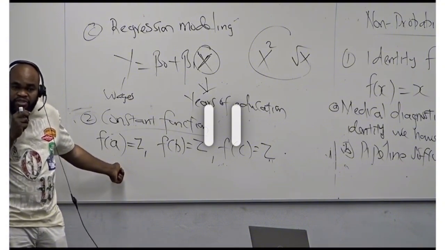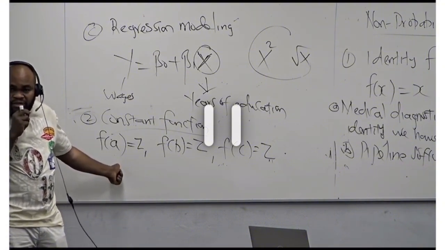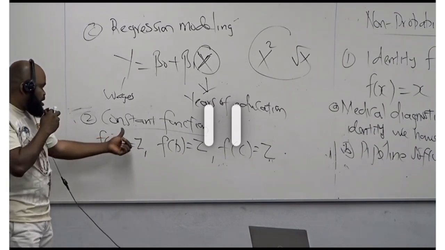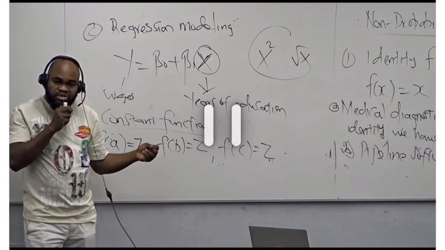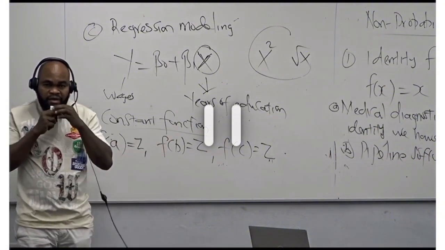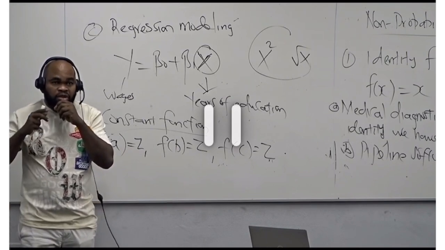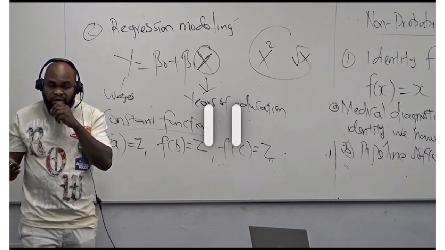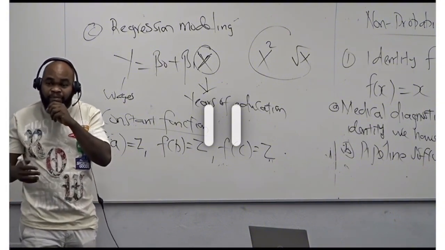The constant function also has its own significance in the real world. One of the significances of a constant function is a situation where something is at equilibrium, a system, maybe a biological system or an economic system that has already stabilized.